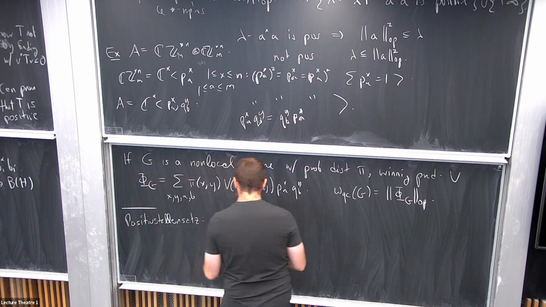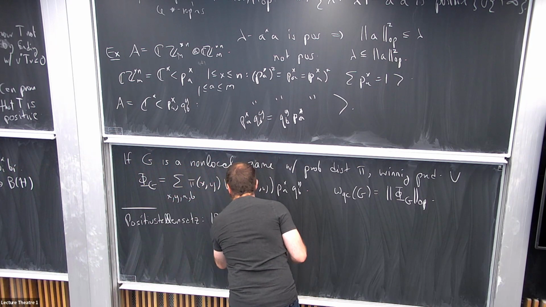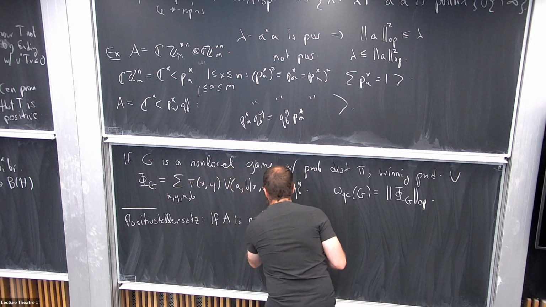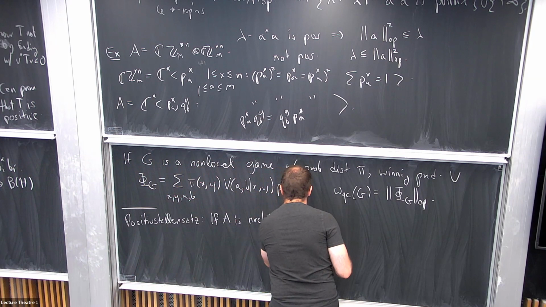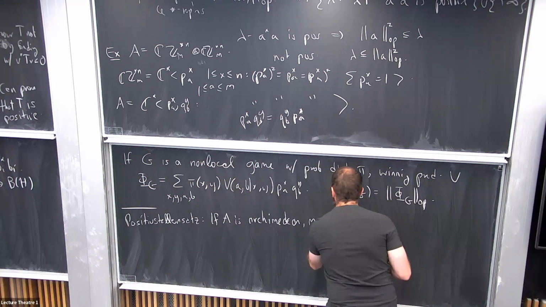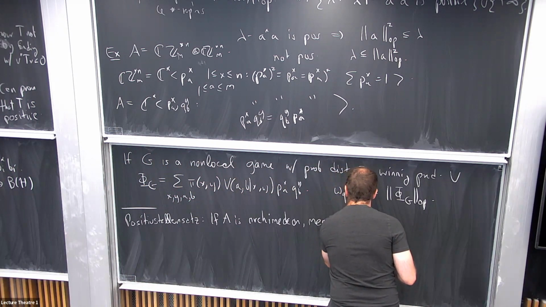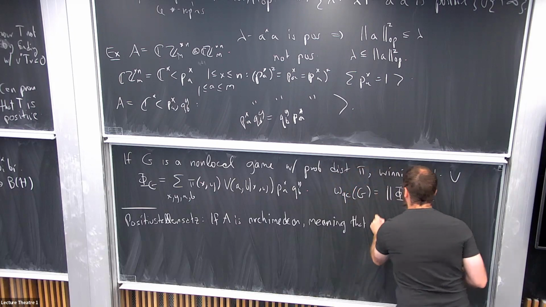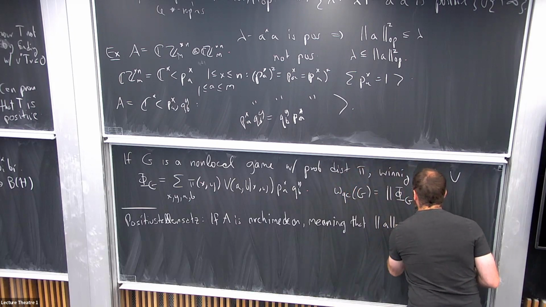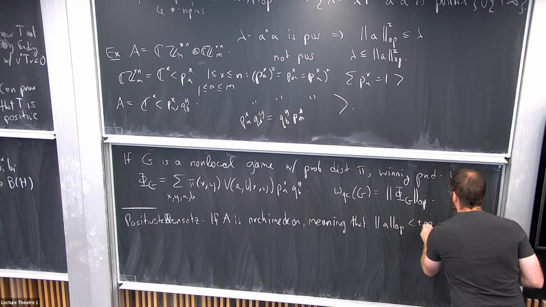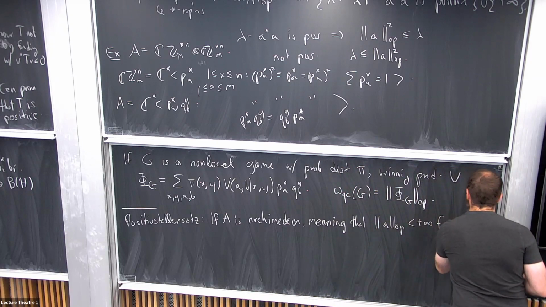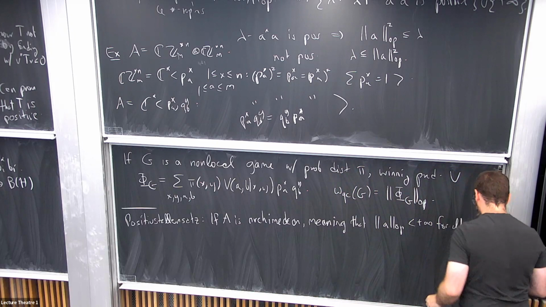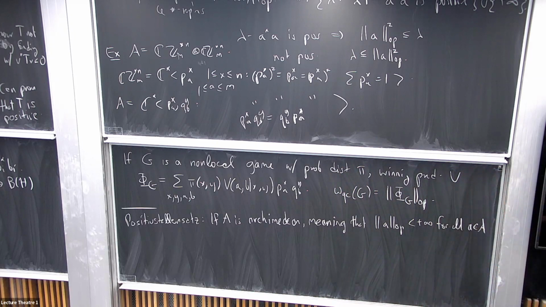And so if A is Archimedean, meaning that the operator norm of a is bounded for all a in A. Okay, so sometimes it's called a semi-free C-star algebra because you can make any Archimedean star algebra into a C-star algebra.